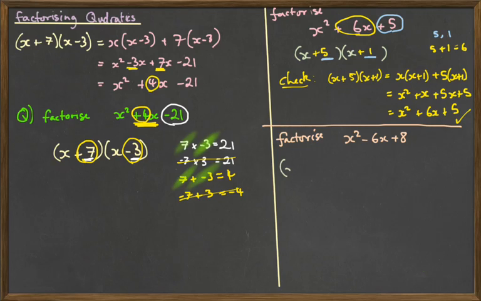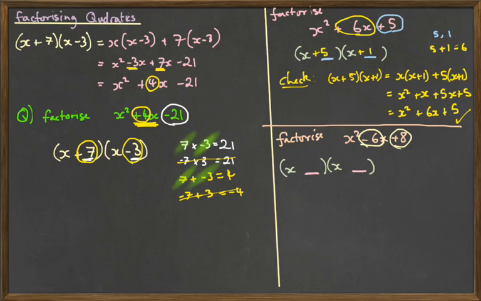Okay, and we're back. So, we know it's going to be x something. We have to work out what those somethings are. We know that the two numbers multiply together to make 8, and they add together to make minus 6. Now, as you get more skilled at this, you'll realise that the two numbers must both be negative. They can't both be positive, they have to both be negative, because they have to add to make minus 6.